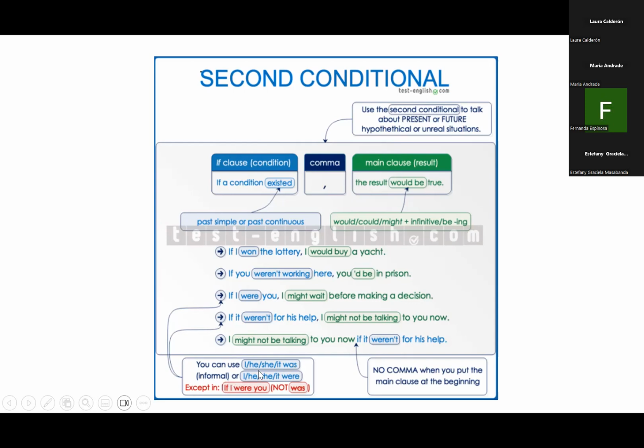In informal spoken English it is very common to hear people using was, but grammatically in the second conditional it is better to use were. You can omit the comma if you switch the two clauses. So the comma is not necessary if the condition is in the middle. Okay, so you can omit that.